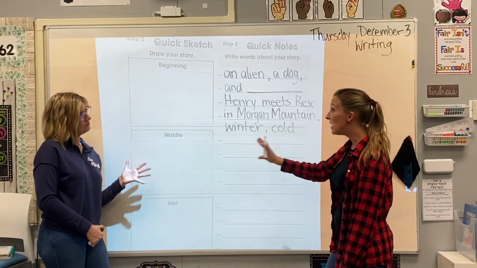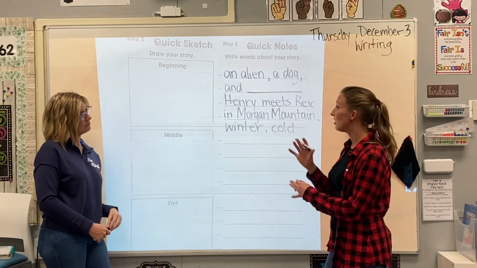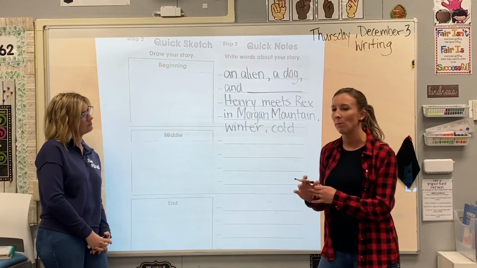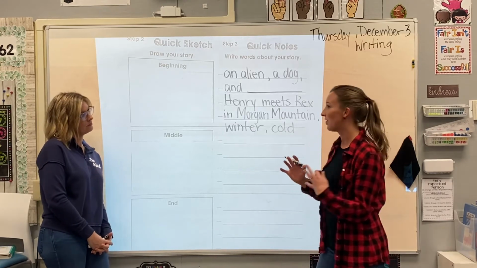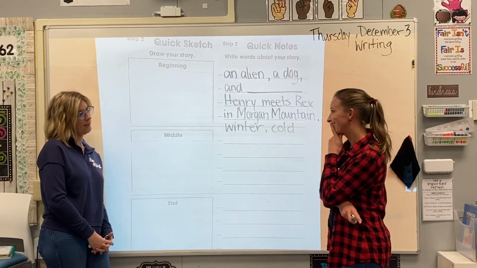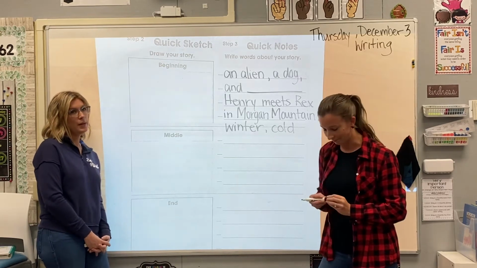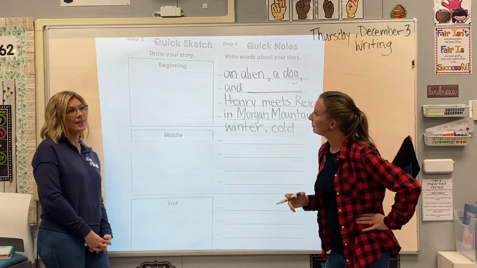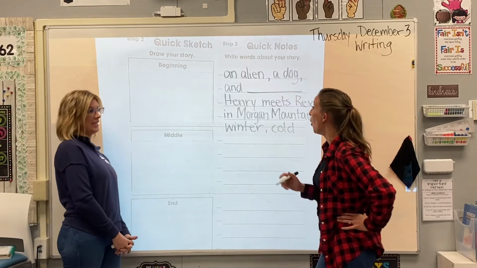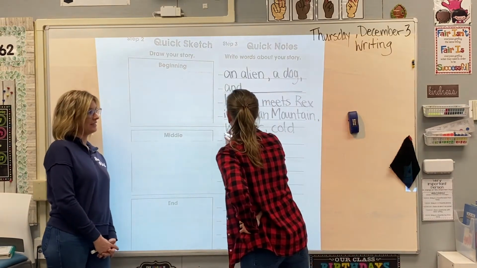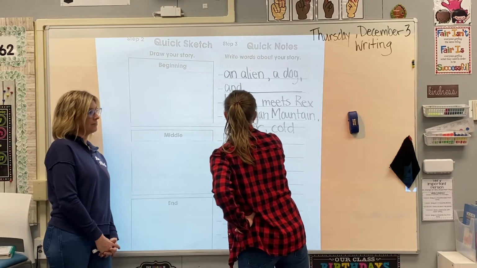Okay, middle of the story. This is where all the events take place, and we need to come up with a problem that the character faces. What do you think? If it's an alien coming to Earth, maybe he crash landed. And does he lose something?